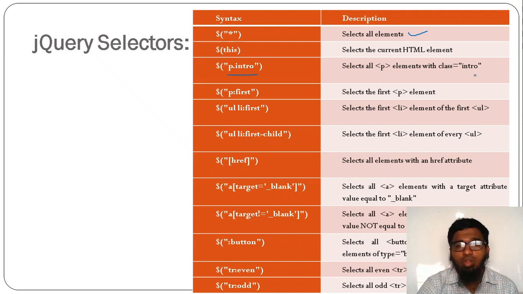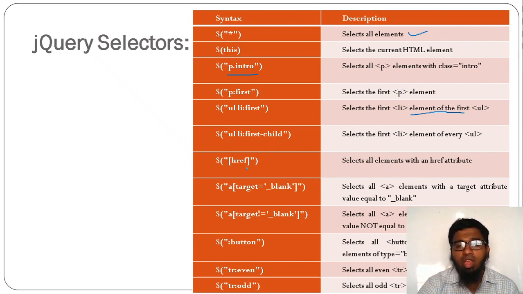Wherever the class intro is there, that will be selected. Here p:first selects the first p element. $("ul li:first"), ul is unordered list, and li:first means select the first list element of the first unordered list.